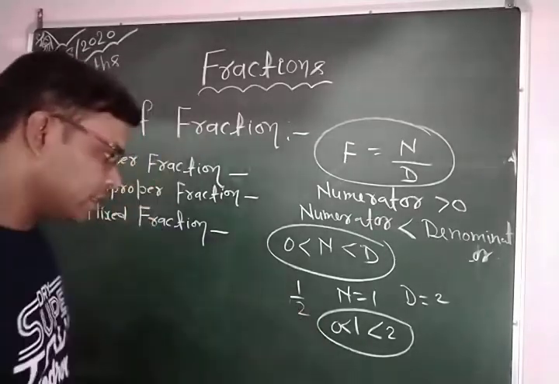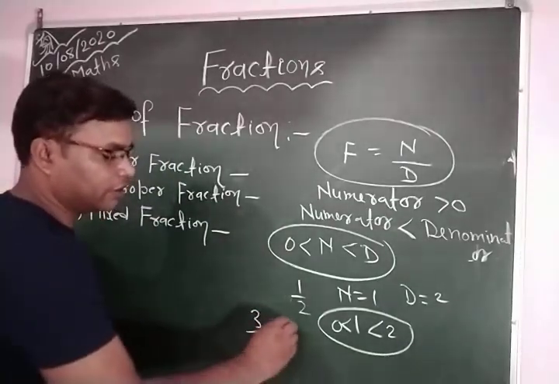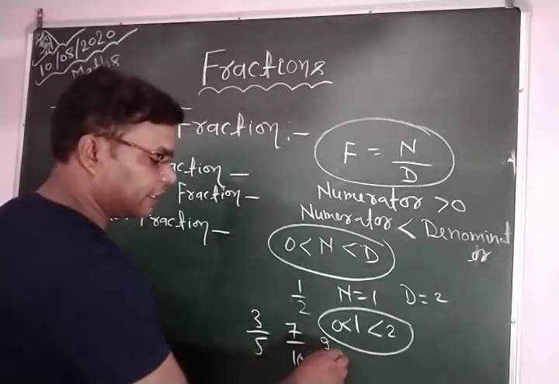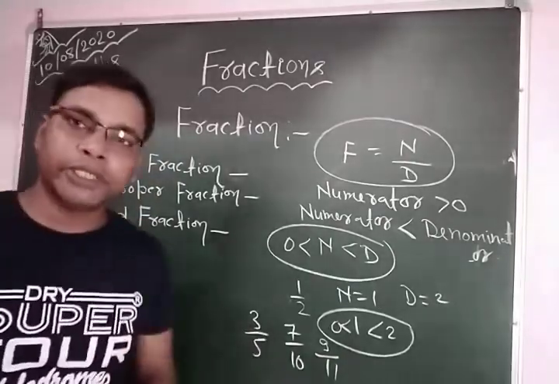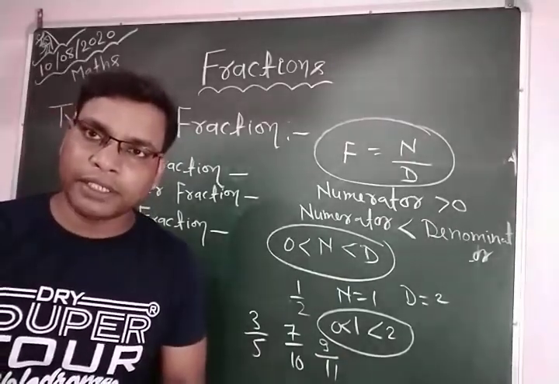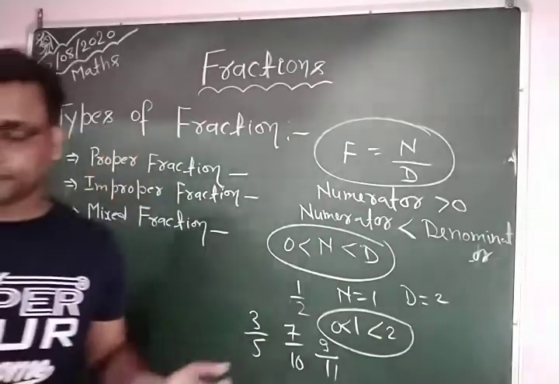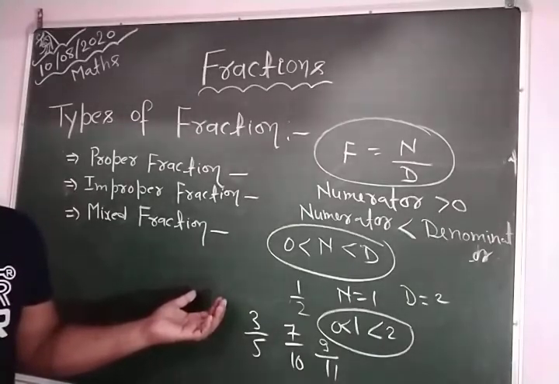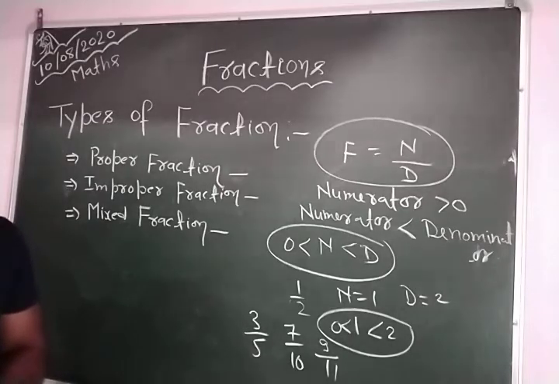Other examples of proper fractions: 3 by 5, 7 by 10, and 9 by 11, and so on. You can write anything whose numerator is greater than 0 but less than its denominator. This is called a proper fraction. Clear? So what is a proper fraction? A fraction whose numerator is greater than 0 and less than its denominator is called a proper fraction.